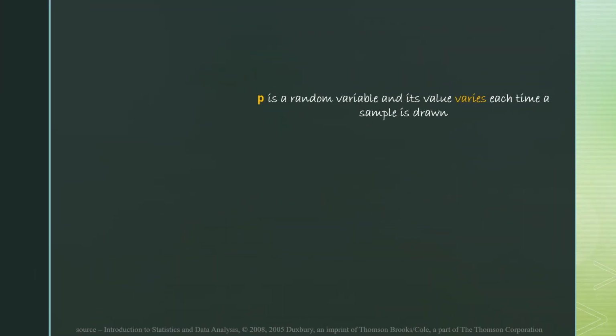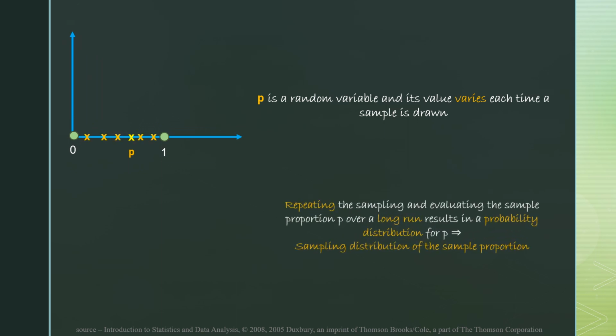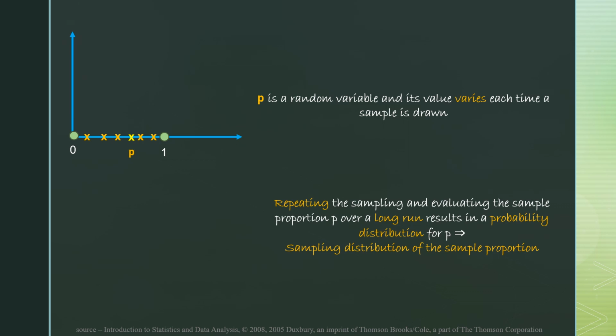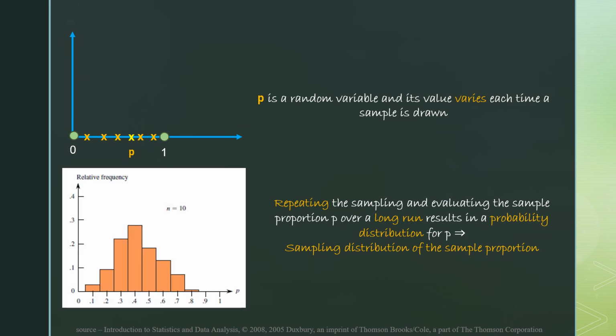Sample proportion p is a random variable and its value varies each time a sample is drawn. Repeating the sampling and evaluating the sample proportion p over a long run results in a probability distribution for p, which is called the sampling distribution of the sample proportion.